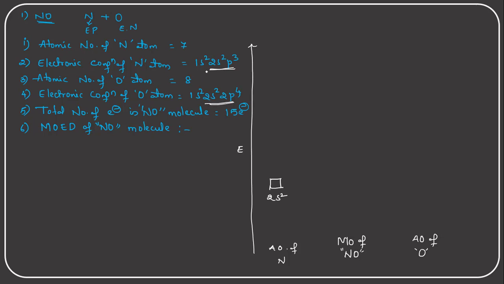These two orbitals are merging: 2s2 is merging with this 2s2. This is the electronic configuration of the oxygen atom I am taking here. See here, this will be the energy of this atom, and this will be the energy of this atom.